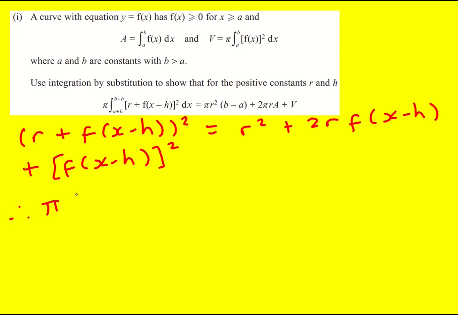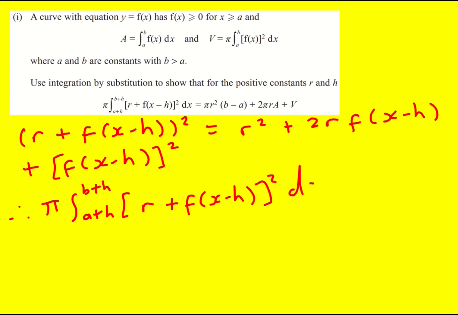And therefore pi integrated from a plus h to b plus h. Now I can separate this into three different integrals by expanding it. And in the answer, you can see that that's what these all correspond to.